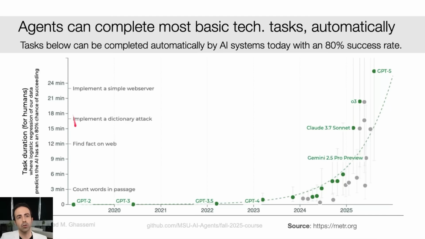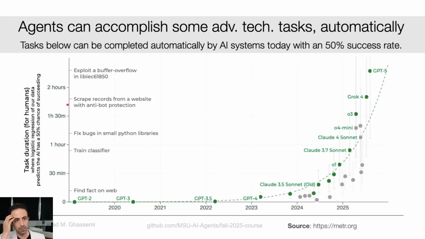So if we were to look at this item, finding a fact on the web, let's say we had to find 1,000 facts on the web, that's 1,000 times 12 minutes worth of work that now AI can do effectively at an infinitely lower cost relative to the human labor costs, and with very impressive success rates. All the tasks that you're seeing here, it's reported AI can do it with approximately 80% success rates. Okay? Now, they're not perfect at everything, but they're getting better, right?